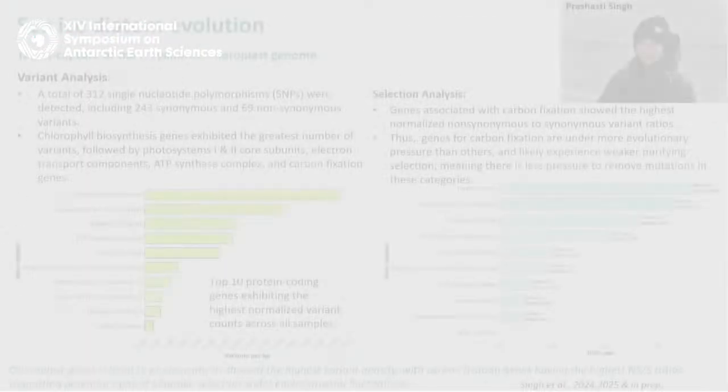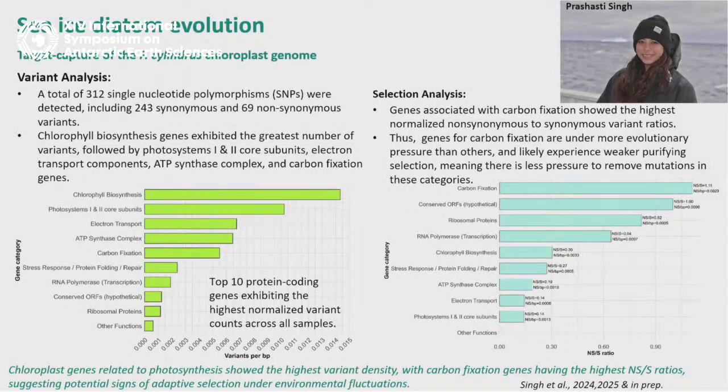Prashasti is doing something similar. She's designed a probe set to capture Fragilaropsis cylindris chloroplast genomes. And so she's comparing the genomes through time of this particular sea ice diatom. This is currently also in analysis stage, but she is generating some preliminary data.